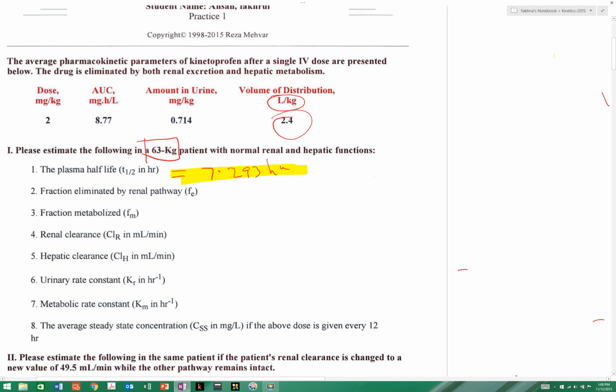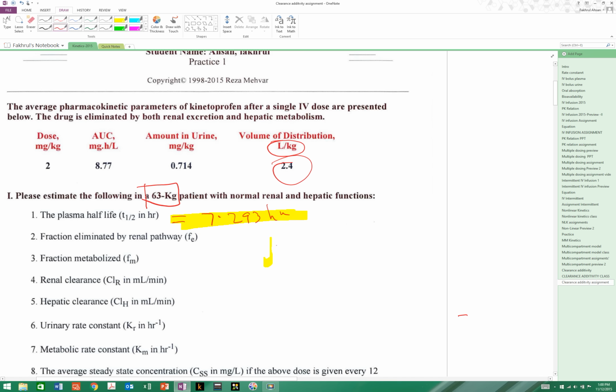Now we have to calculate number 2, fraction eliminated in the urine. If you go back to the note, as I have also explained, fraction eliminated is FE.